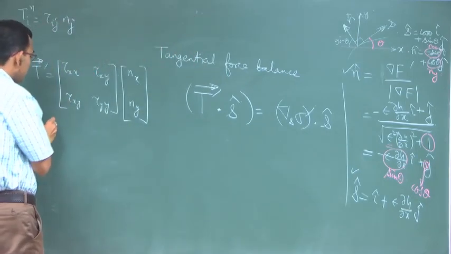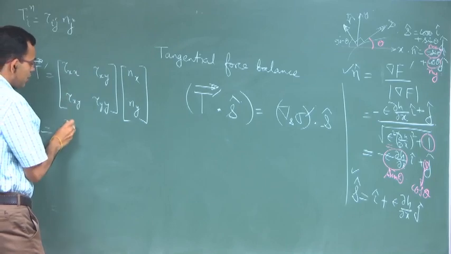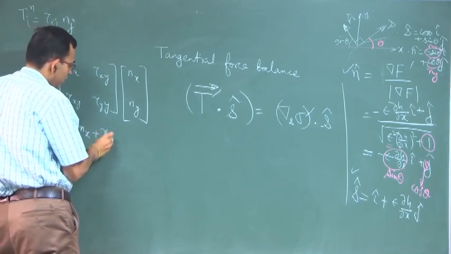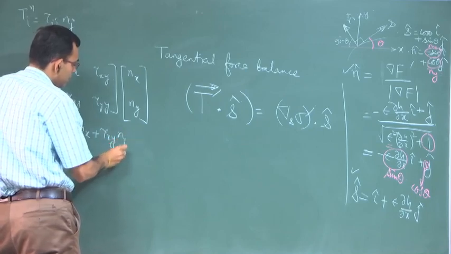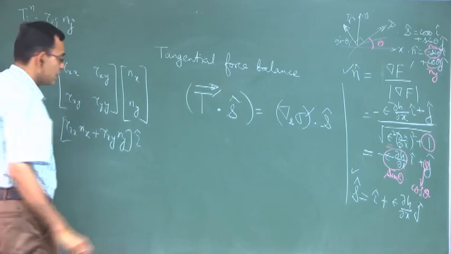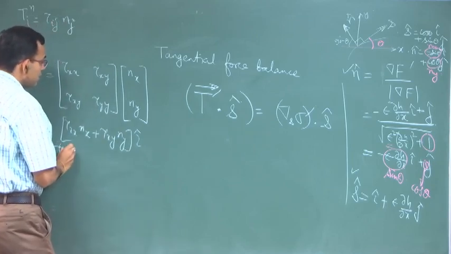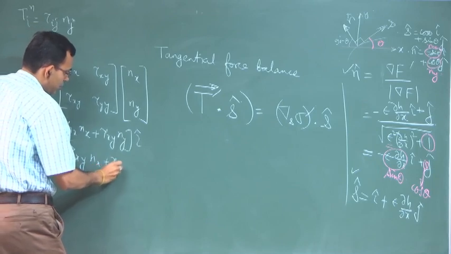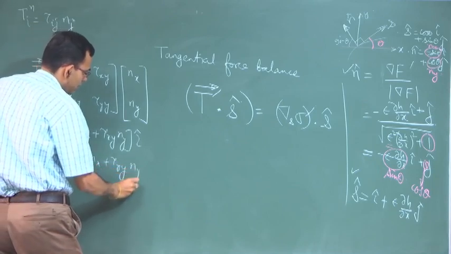So, it will be a vector with 2 components. So, this is tau xx nx plus tau xy ny, this is the x component of the vector, and tau xy nx plus tau yy ny.